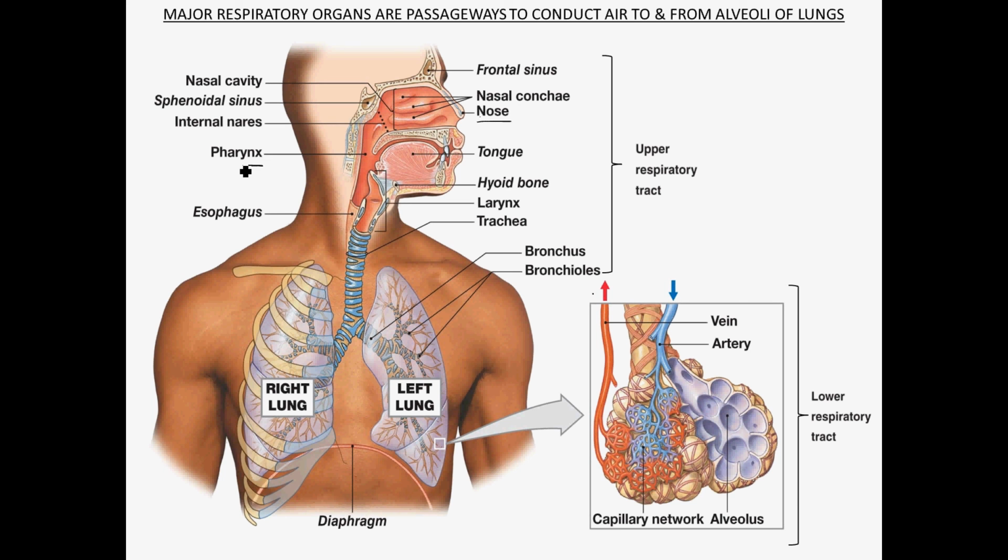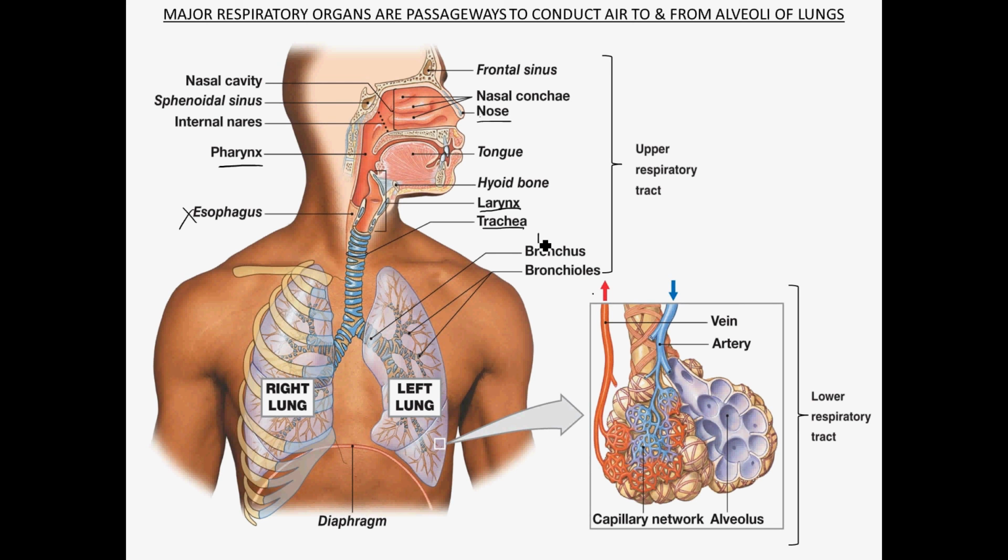Air will then pass through the pharynx or the throat area. Air will not go down the esophagus, or shouldn't, in normal breathing. You can kind of force it to go down there, but it shouldn't really be going down there. Then air will move down through the larynx and then the trachea. As we move down, the trachea branches into a right bronchus and a left bronchus.